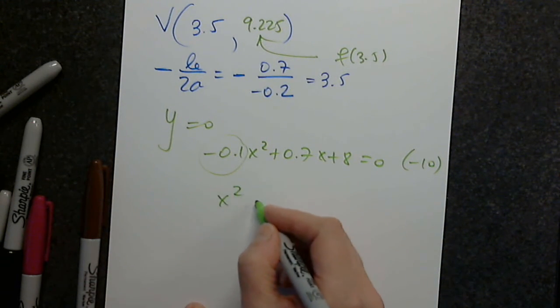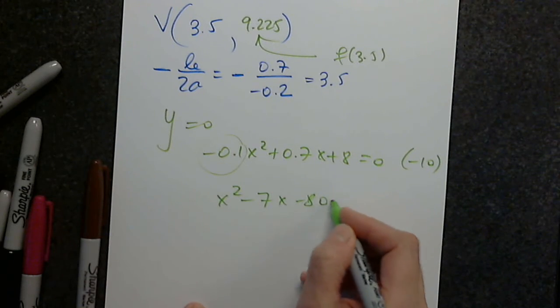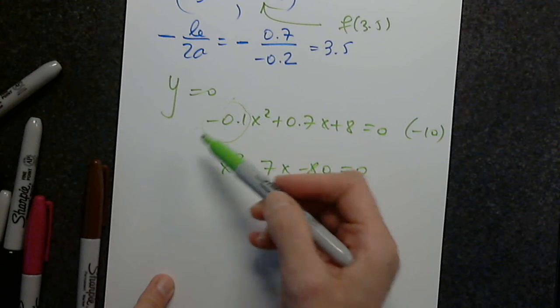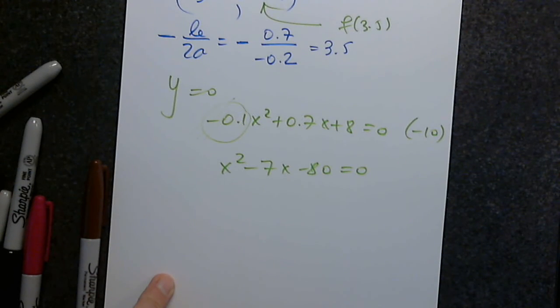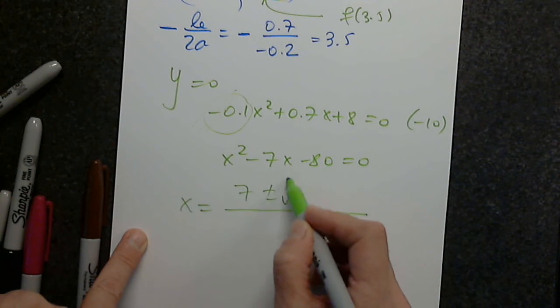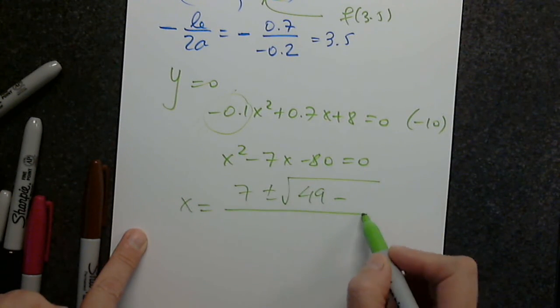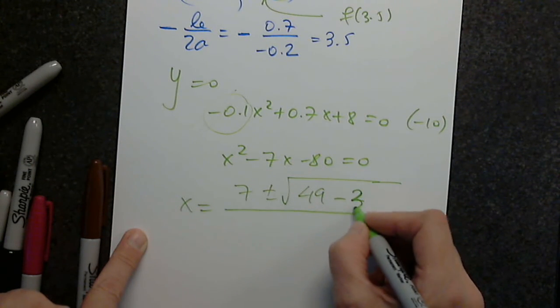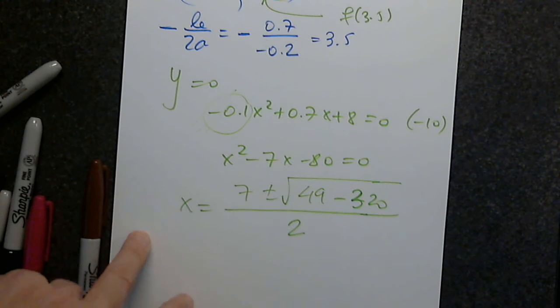So I have x squared minus 7x minus 80 equals 0. Always remember, I don't recommend you solve a quadratic equation with the quadratic formula with a negative leading coefficient. Negative b plus or minus the square root of b squared minus 4ac, 320, over 2 times a.